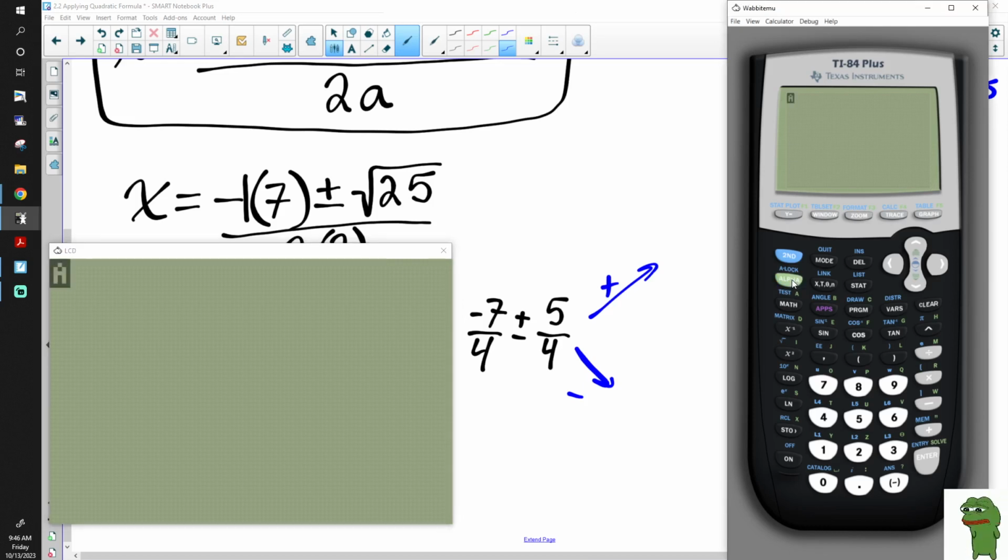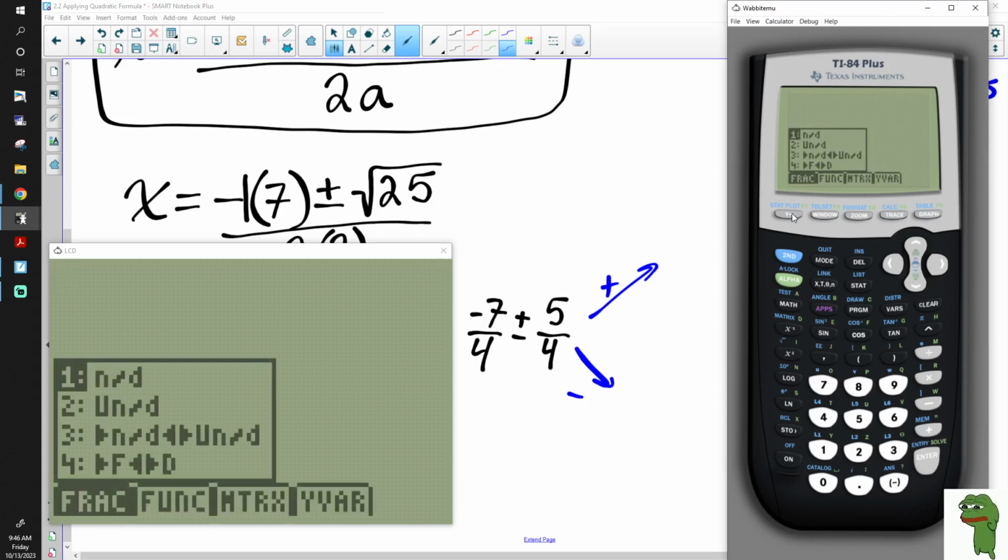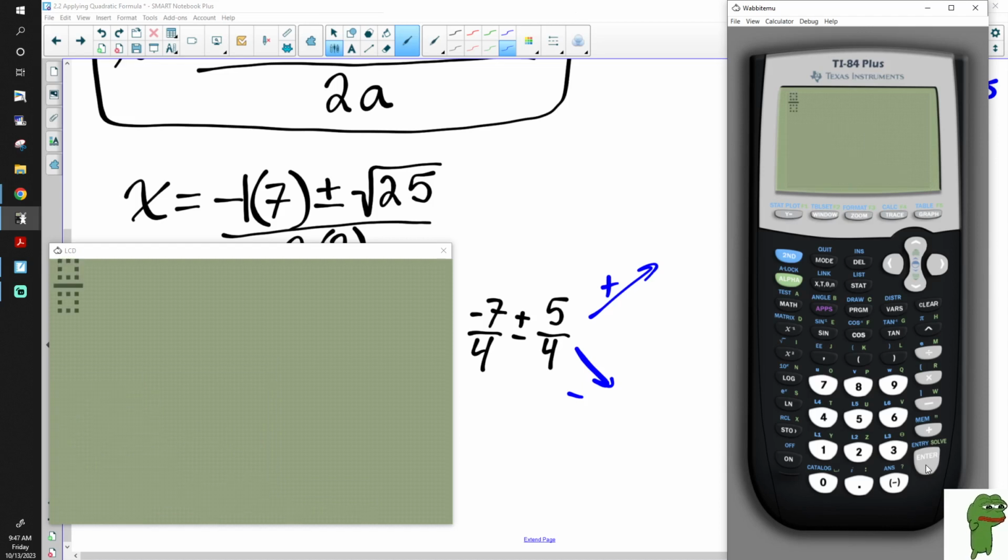When you click it, you should see a flashing A. This is how you do fractions in our calculator the easy way. Once the A is flashing, two buttons above this is a button that says y equals. You click that and you get a little tiny menu. This is your fraction menu. We want the n over d. That means a normal fraction. You click enter on it. And see how you have a nice little fraction ready to fill out?